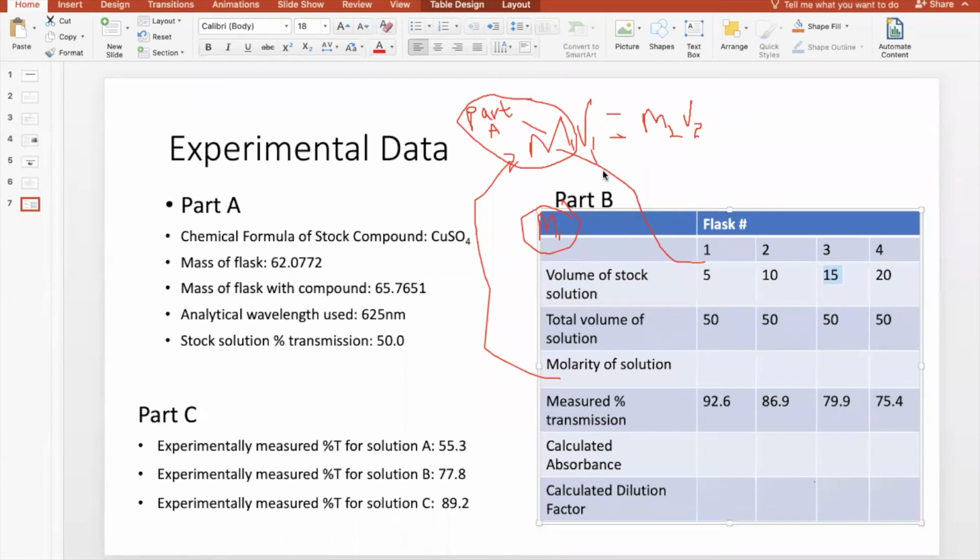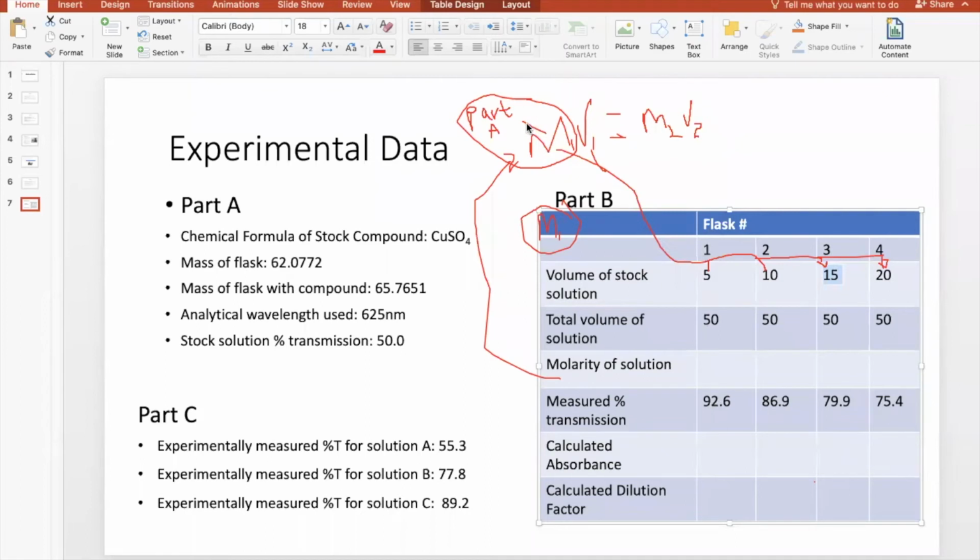V1 is this. V1 will be this for each run. You see this? For each run, it's gonna be like that. M1, V1 for flask 1, you know V1 for flask 2, V1 for flask 3, V1 for flask 4.